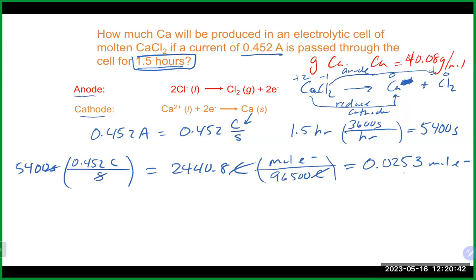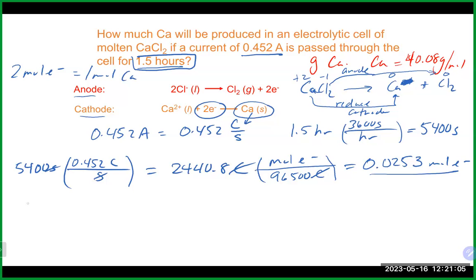Now that we have the moles of electrons, we're interested in calcium. So we want to go to the balanced half reaction for calcium, and we want to do a stoichiometry sort of move. We can see that for every 2 moles of electrons, we get 1 mole of calcium. That's what's going to allow us to go from electrons to calcium.